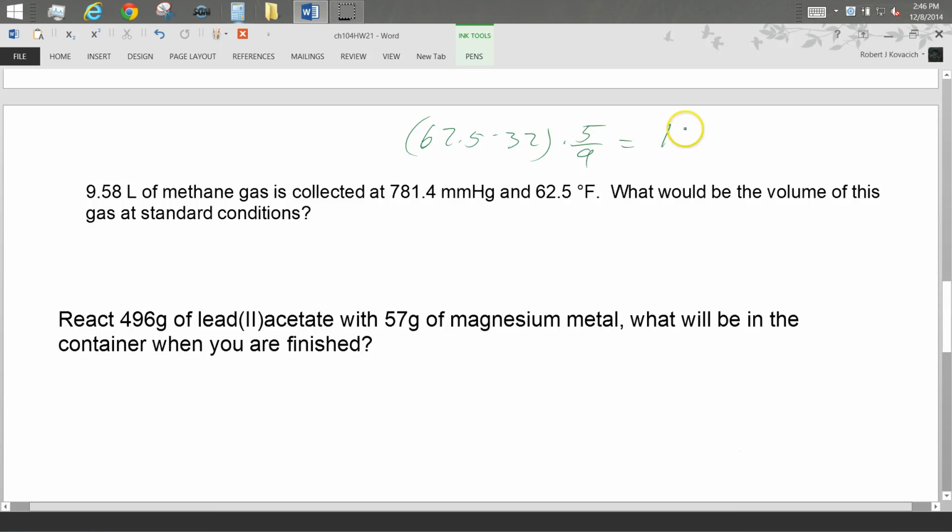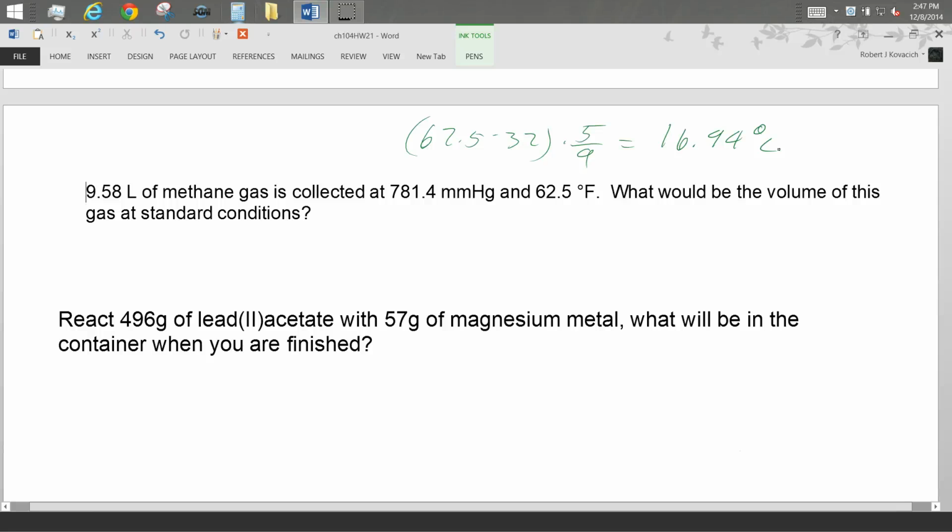So super important that after you subtract the 32 in your calculator, you hit equals, or that you parenthesize the two of them. Because if you don't, you're going to end up having 32 times 5 divided by 9, then it'll subtract it off of the 62.5, and that will not be correct. You need to take the 32 off first.